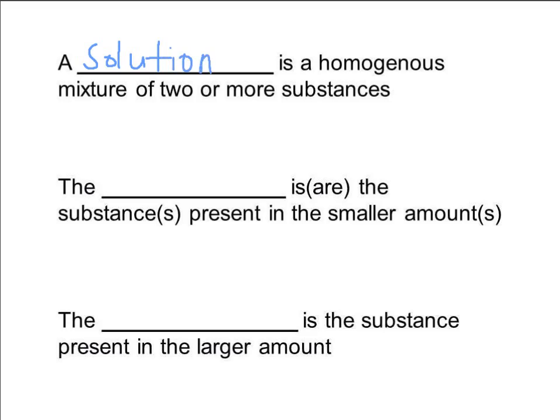What about the blank, which is the substance present in the smaller amount? Anyone? We call the substance present in smaller amount our solute. And lastly, the blank is the substance present in larger amount. Anybody can tell me what this is? We call this our solvent.